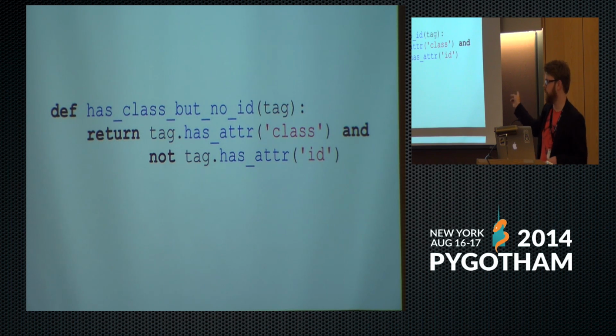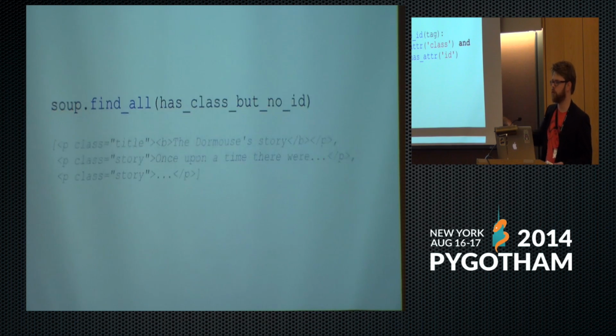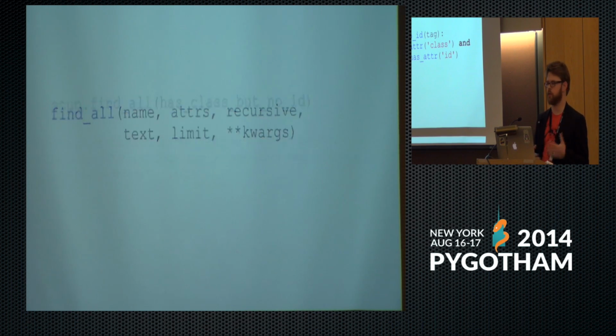You can take functions if none of this suits your fancy, and you can write a function that describes the element that you want. If this returns true, it matches. Otherwise, it doesn't. So this is good for filtering out things that have attributes in a nice way. So I can look for things that have classes but not IDs.